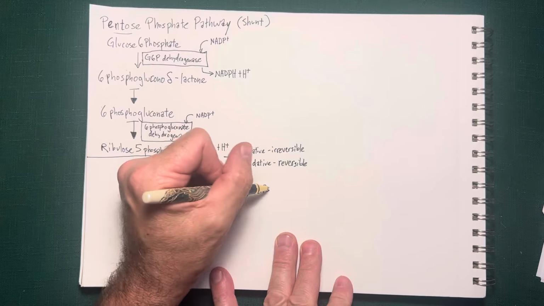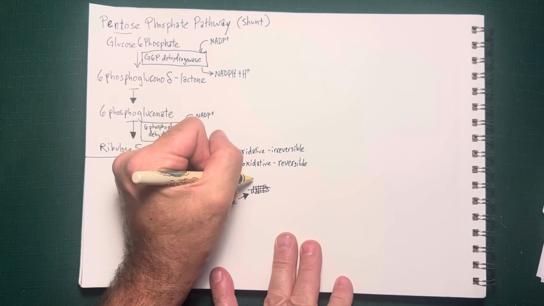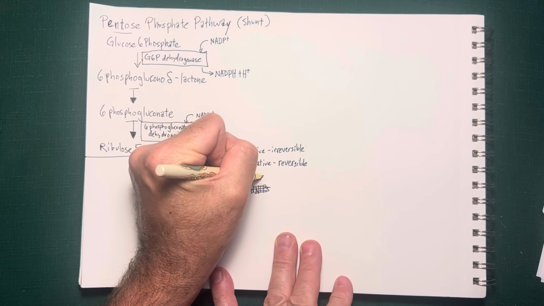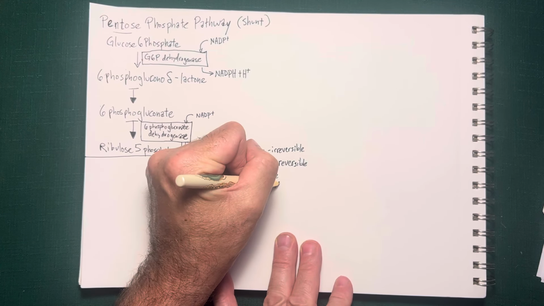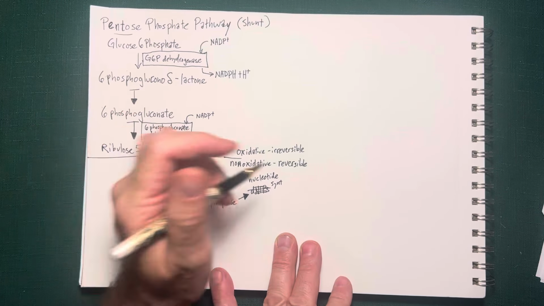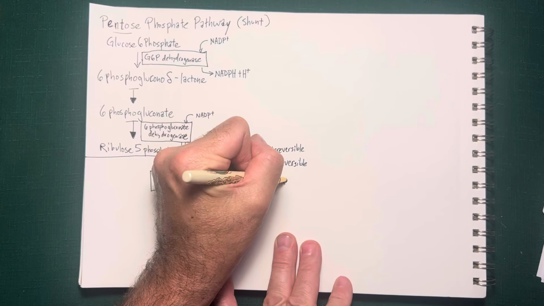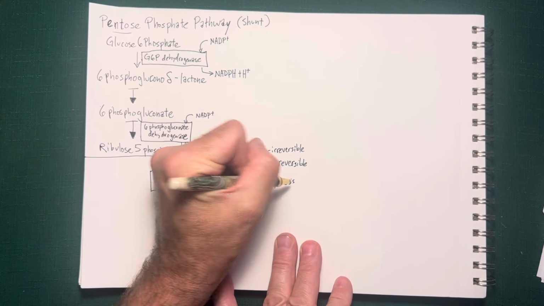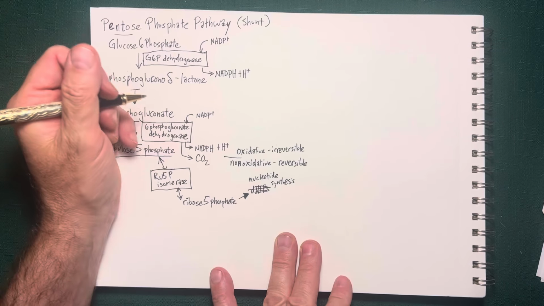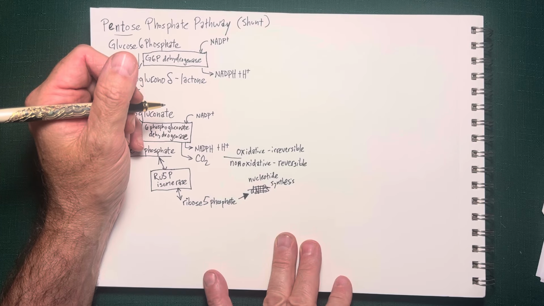Well, really, they're not deoxy just yet. That step's not so hard. But the ribose 5-phosphate is going to go into nucleotide synthesis.